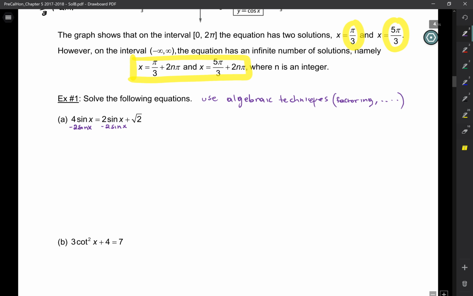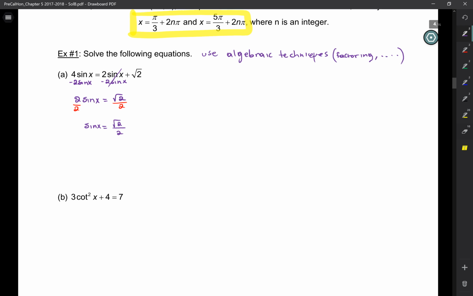The trick is you have to isolate x, right? So this will give me 2 sine x is equal to root 2. Now, I can divide both sides by 2 to get sine x on its own. So sine x is equal to root 2 over 2. All right? And then I think to myself, okay, for what angles over the interval 0 to 2 pi?